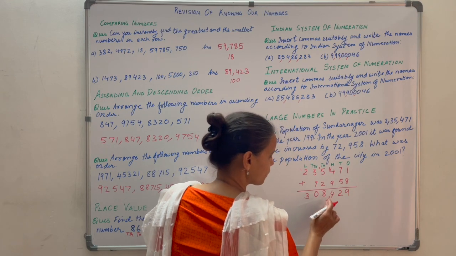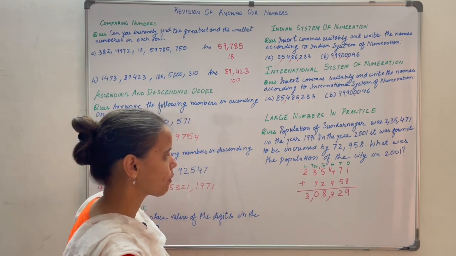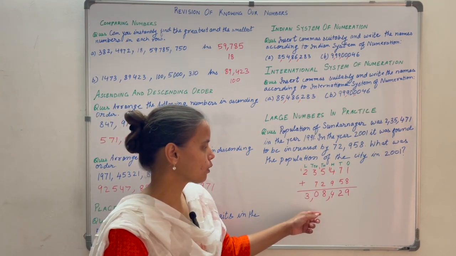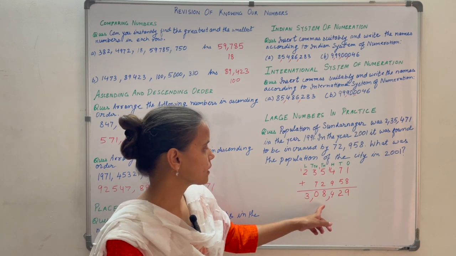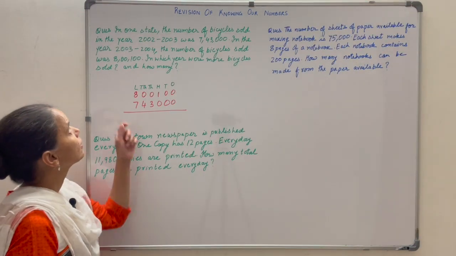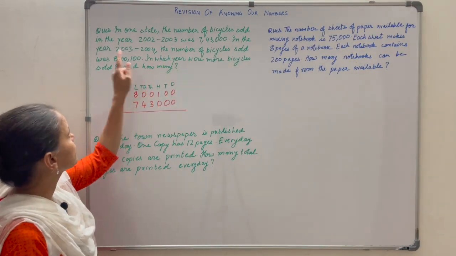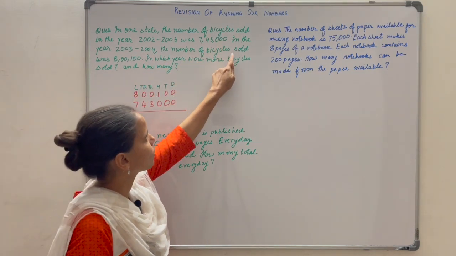Put the first comma after 3 digits, then after every 2 digits. So what was the population of Sundarnagar in 2001? It is 3,08,429.